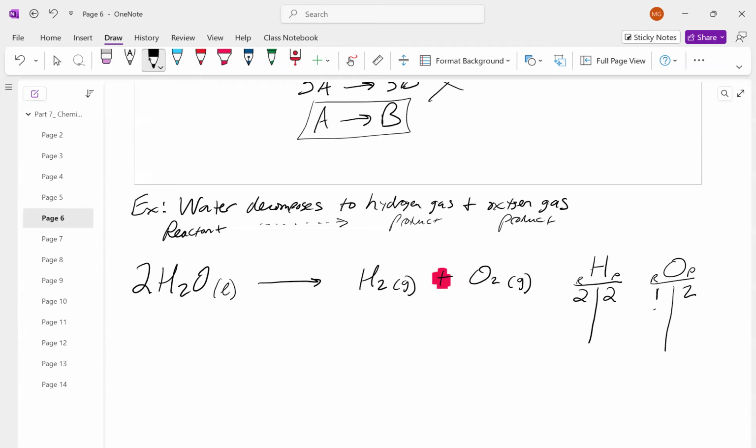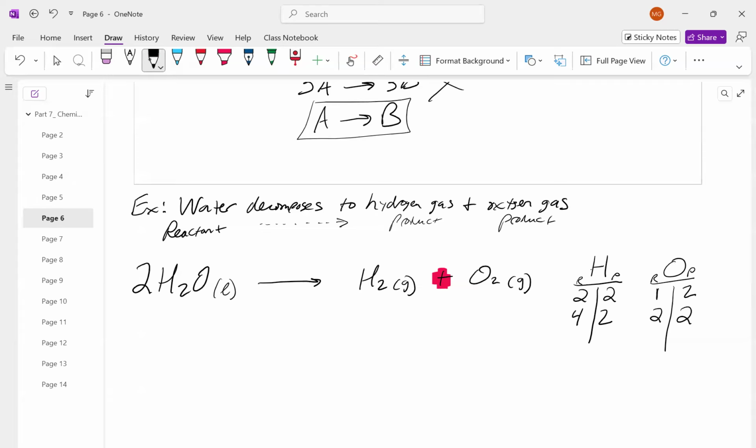I now have two oxygens on the left and two oxygens on the right. Now, you might be sitting there screaming at your computer screen saying, wait, you just screwed up the hydrogens, because now I have four hydrogens on the left and two hydrogens on the right. That's okay, a lot of times that happens. So how do we fix the hydrogens on the product side?